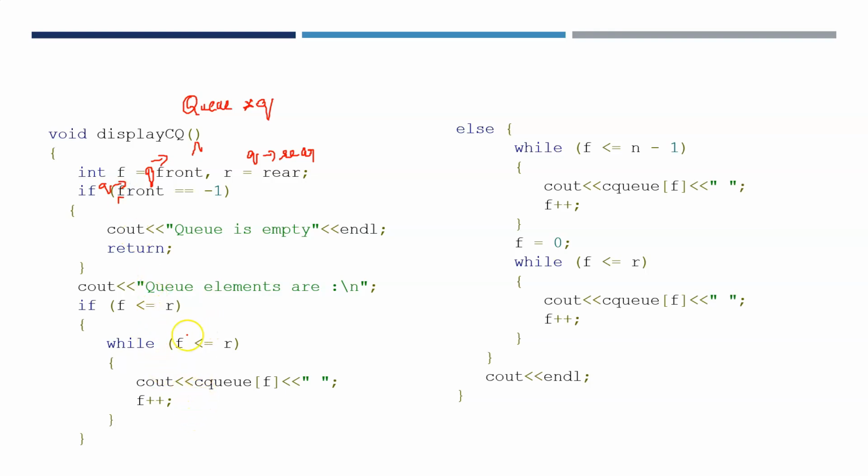Here F and R are not address variables, so we need not put it here, but here also n minus 1, here Q of F. Well, these are the changes that are required to modify this display function.